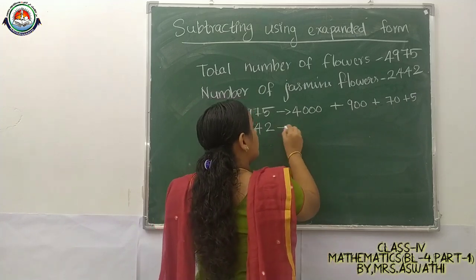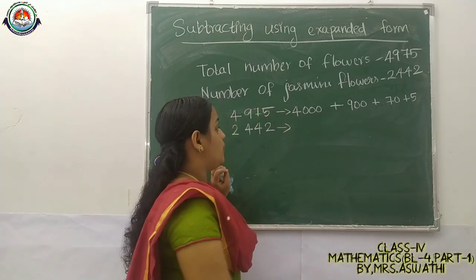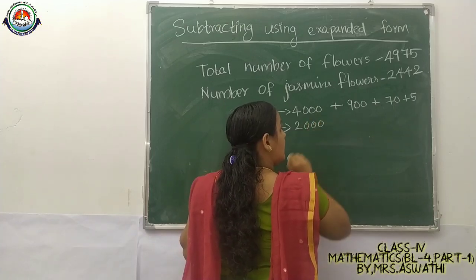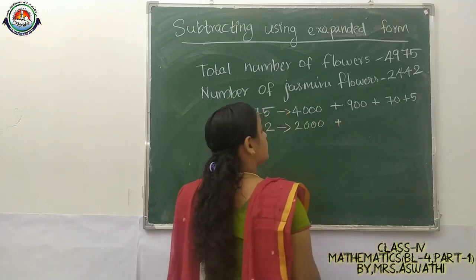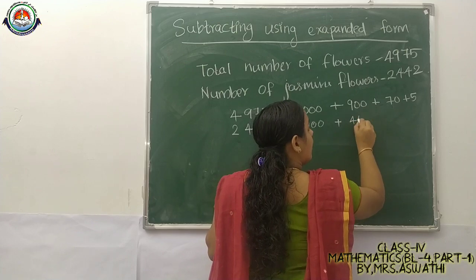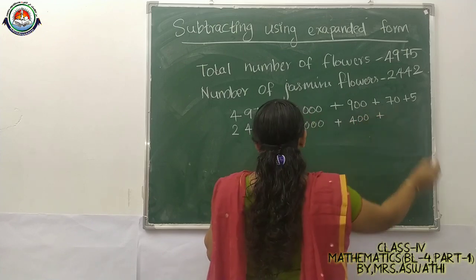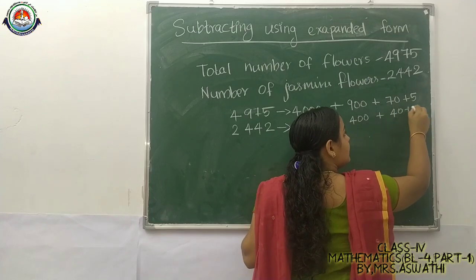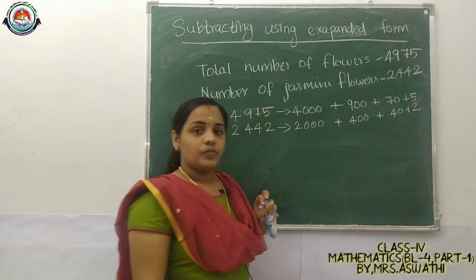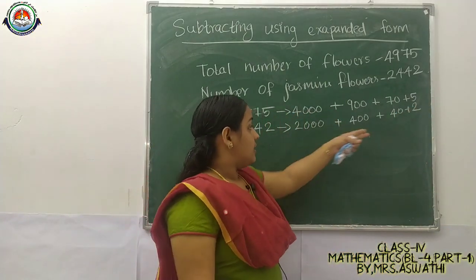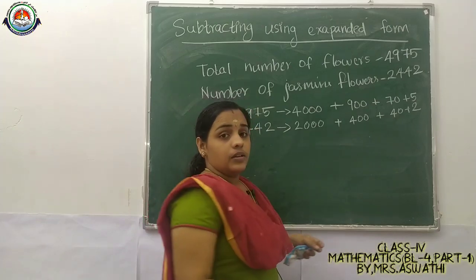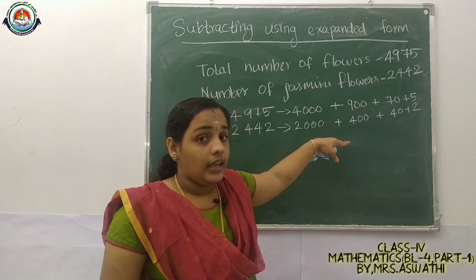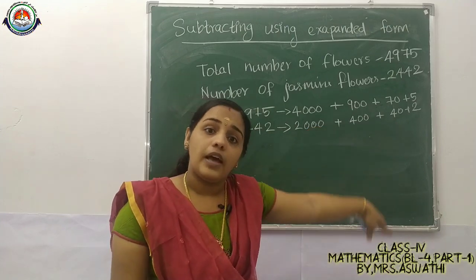We convert it into expanded form: 2,000 plus 400 plus 40 plus 2. Now we can subtract these numbers. Write them in order according to place values.